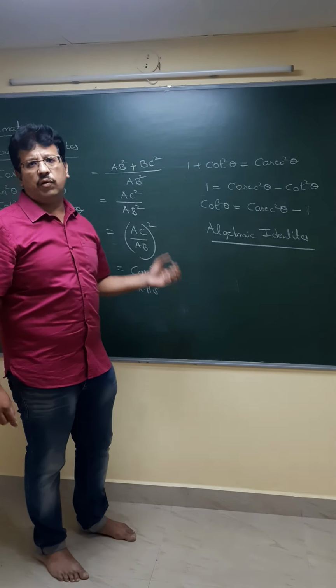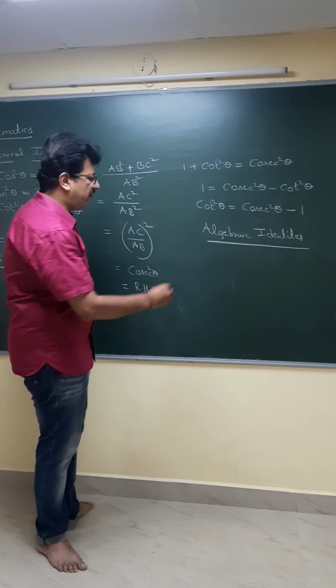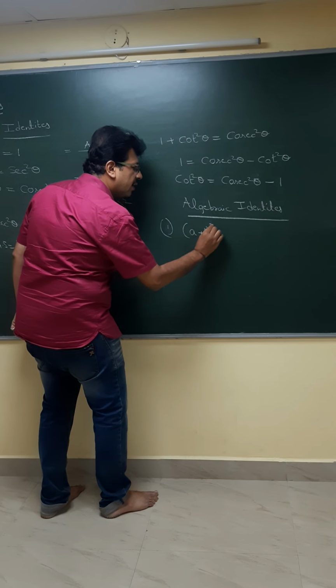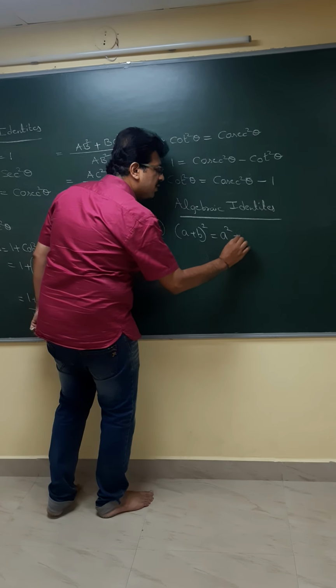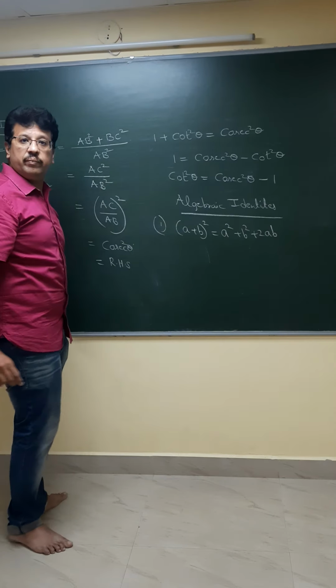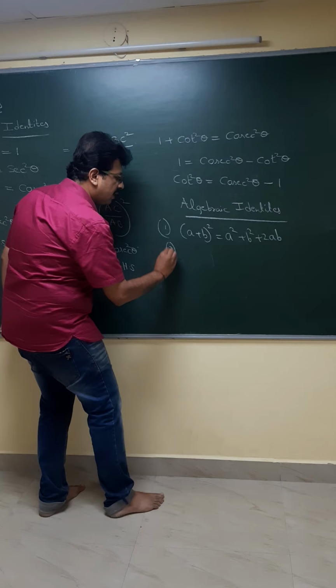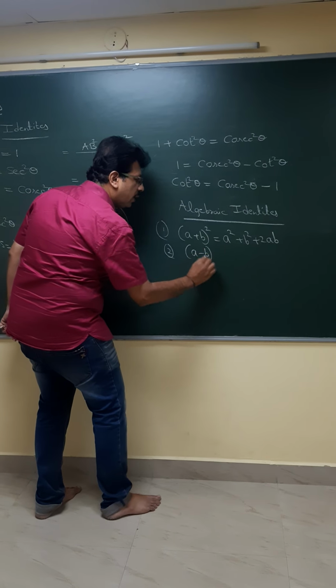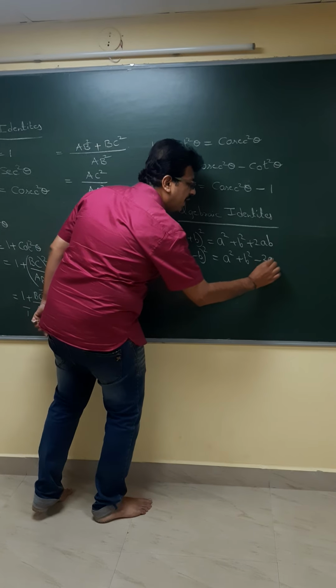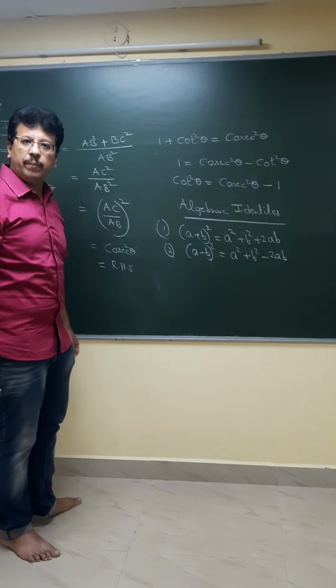The first identity: a plus b whole square equals a square plus b square plus 2ab, which you should know very well. The second identity is a minus b whole square equals a square plus b square minus 2ab.